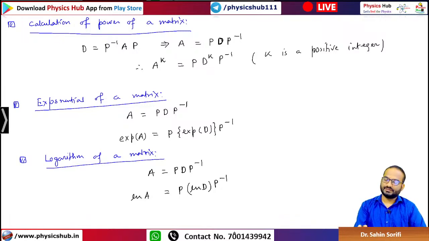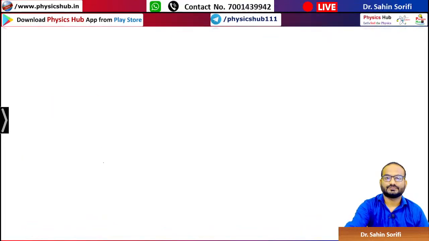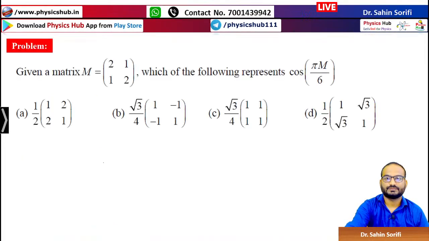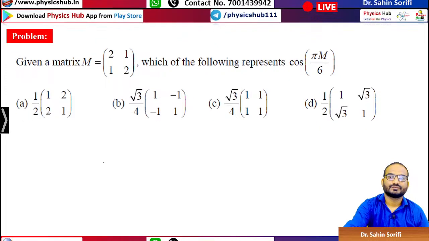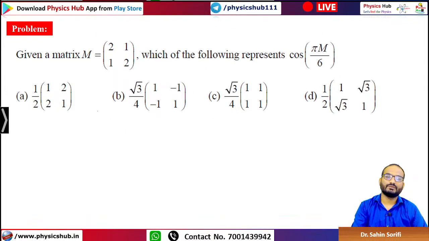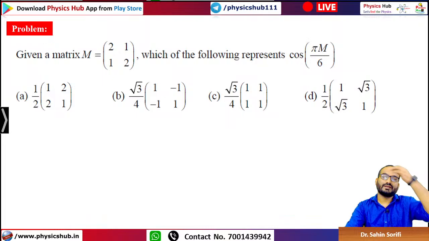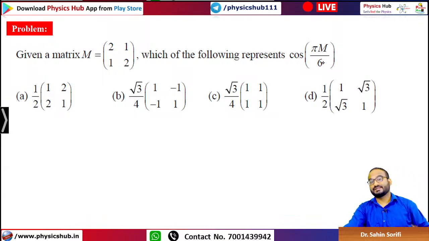Look, I have just given you only 3 operations, but similar operations may appear in your examination. One such example, yes, look at this problem. Given matrix M, you have to find cos of M pi by 6.